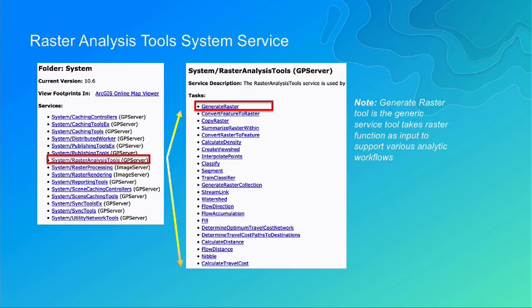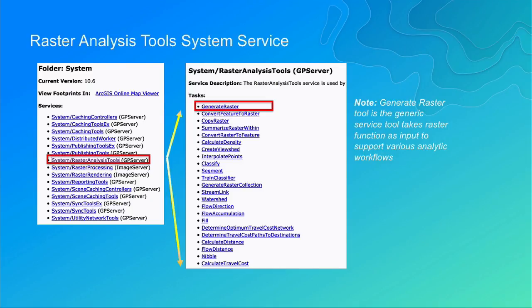The Generate Raster tool is actually a generic tool that takes in a raster function input and the input value for the raster function. So basically, this tool can support all kinds of raster functions, built-in raster functions or custom raster function workflows that we have nowadays in ArcGIS.